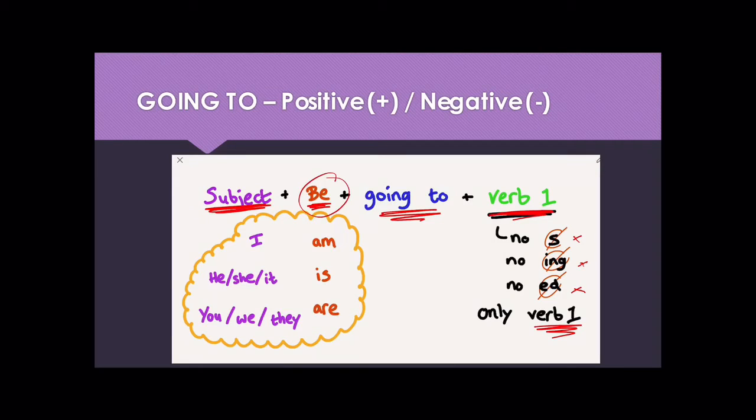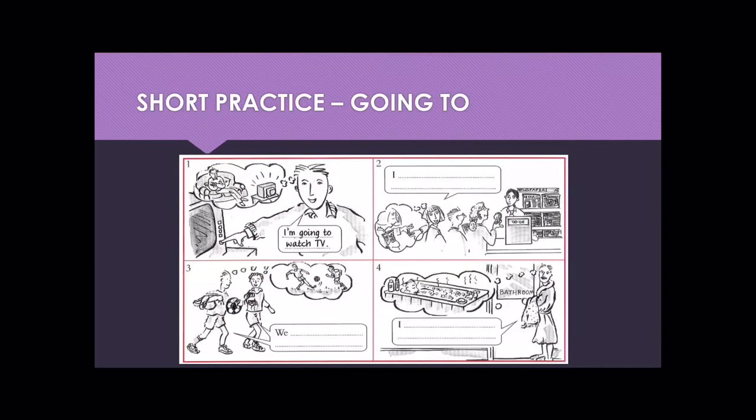Only thing to remember is your be verbs. I am, he is, they are. We studied this 100 times, so inshallah you know this by now. These practices here we will do just quickly to make sure you're comfortable with it. In picture 2, you can see the subject is I, so we know the be verb will be am.